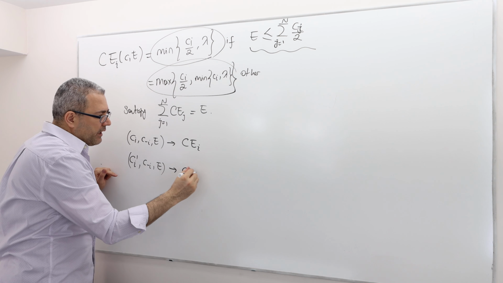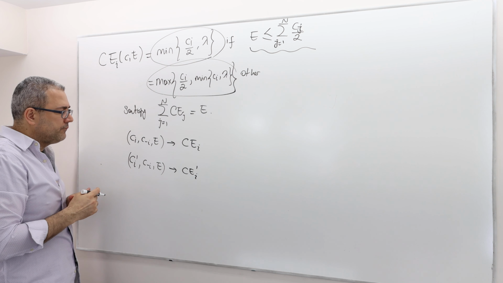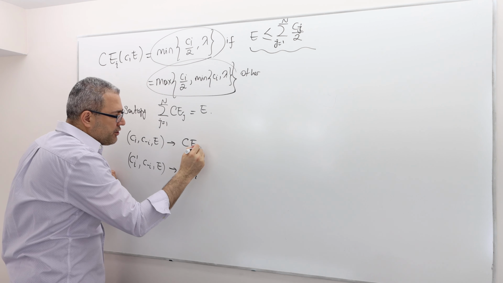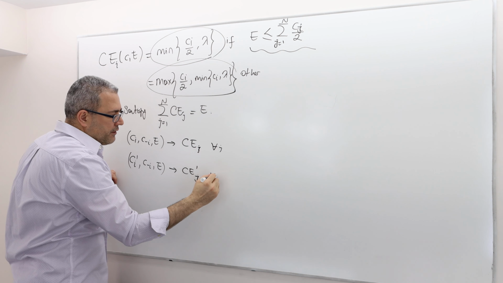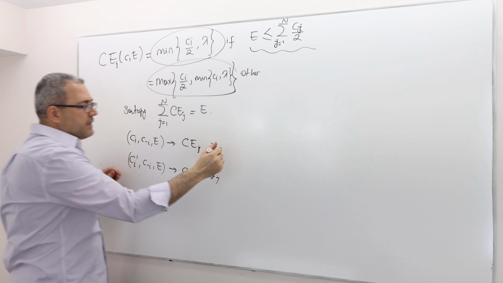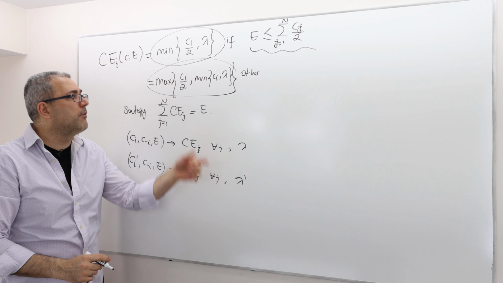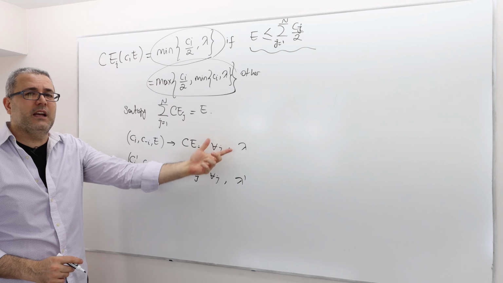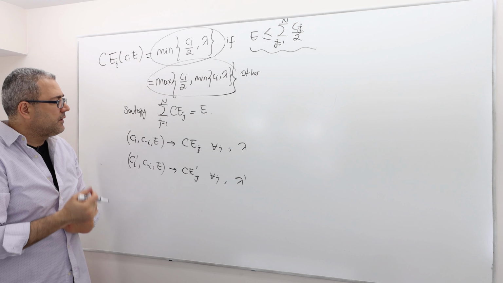Well, in this case, we're going to have CE_j prime for every j. In this case, I'm going to have some lambda, and in the other case some lambda prime. So probably lambda prime here is going to be different than lambda here.